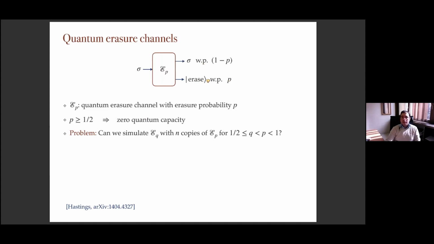Essentially it sends the input to the environment and tells the receiver of the channel that I erased the input. And with probability 1 minus p, it gives the input without touching it. So with some probability, it erases the information, and with some probability, it just gives the input without introducing any noise.